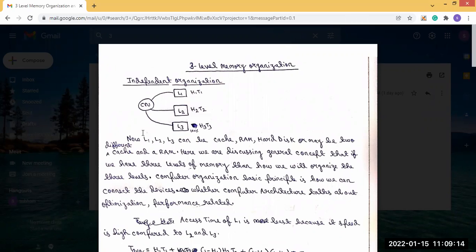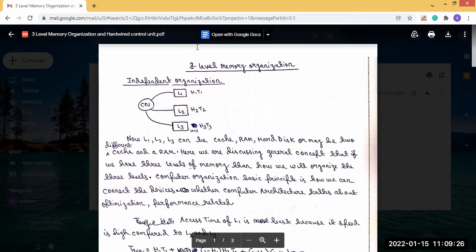So these are the same, not changed. For the three-level memory organization, let's say L1, L2 and L3 can be cache, RAM or hard disk.